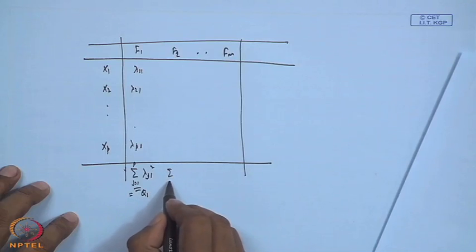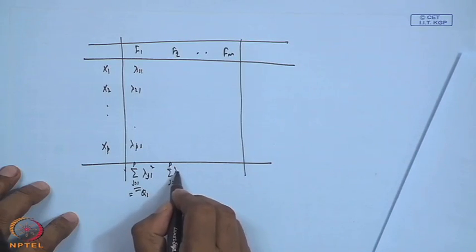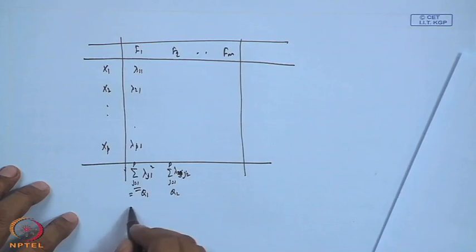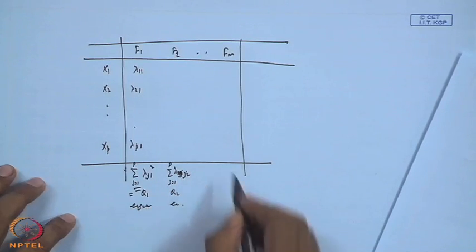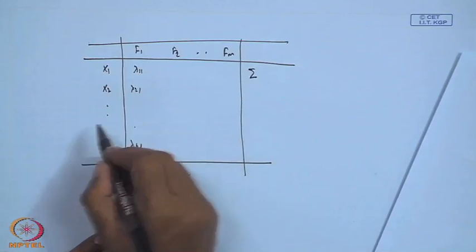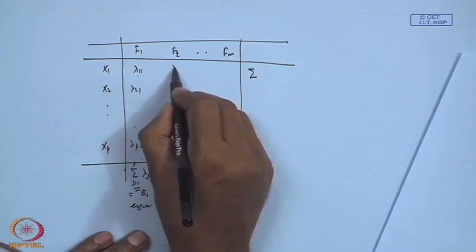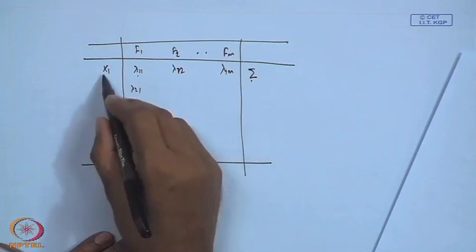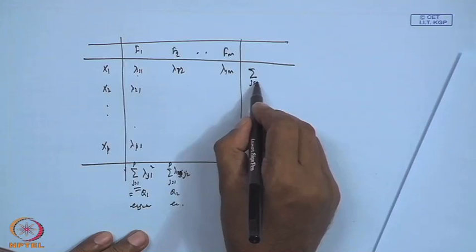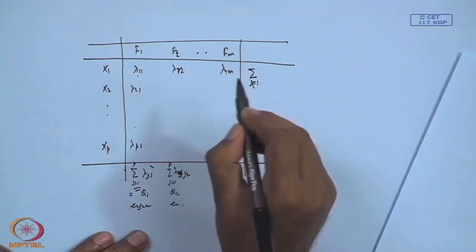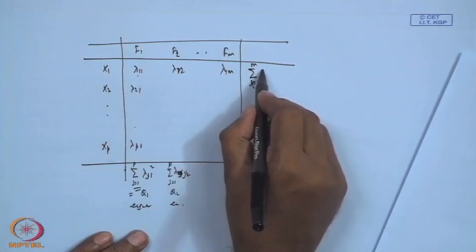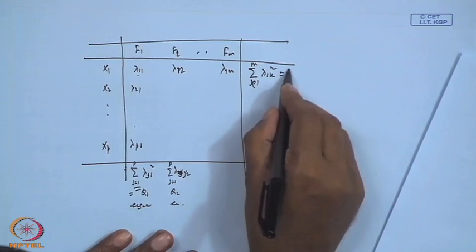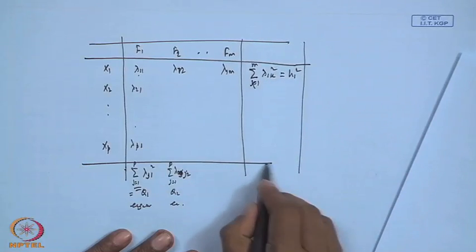Similarly the second one, the sum over j equal to 1 to p of lambda j2 square will be your q2. So eigenvalue, here also eigenvalue. And similarly if you take the sum here, lambda 1 1, lambda 1 2, up to lambda 1 m, with k equal to 1 to m, then the sum of lambda 1k square is your h1 square, the communality.